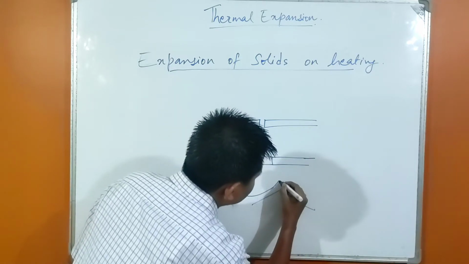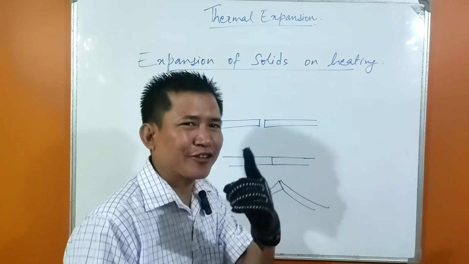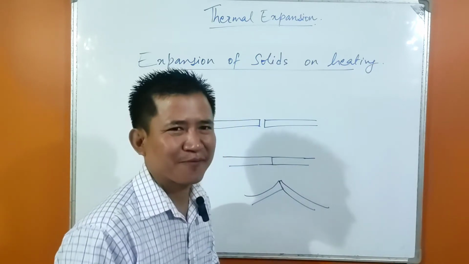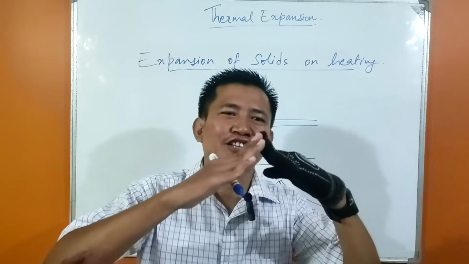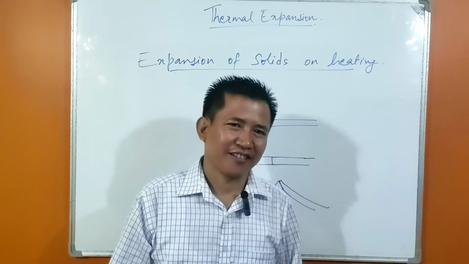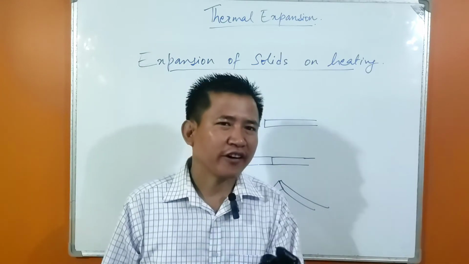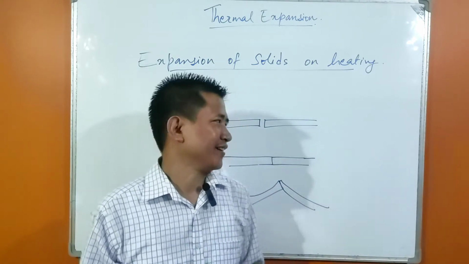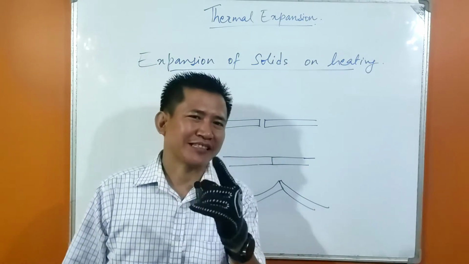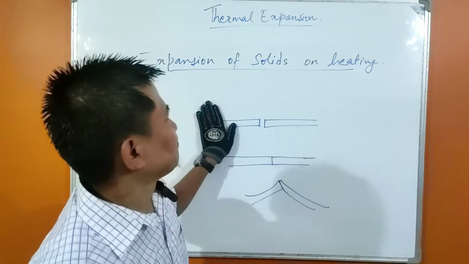Are you getting my point? Though my drawing is not so good, I am very sure you understood this. The rail line would bend in this way and the chances of derailment would occur. To avoid the accident of the train, to avoid derailment of the train, this gap is always maintained between the two rail lines, okay? I hope you understood this.